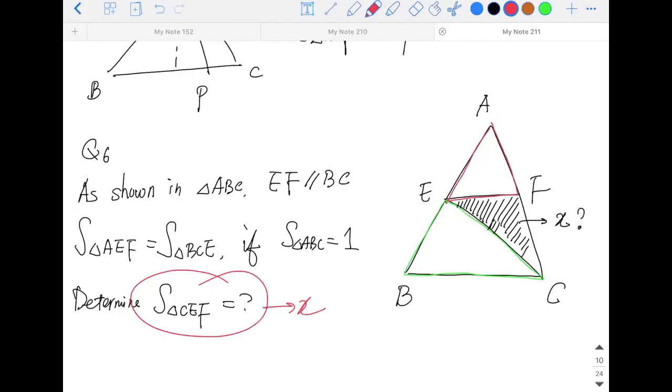So I'm going to put the area of triangle CEF as X. Because the entire triangle has an area of 1, and the green one and the red one have the same area, both of them are (1 minus X) divided by 2. This is quite understandable, right? The total sum is 1 and they're the same, so (1 minus X) divided by 2.